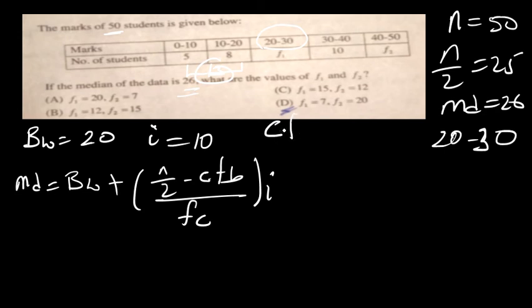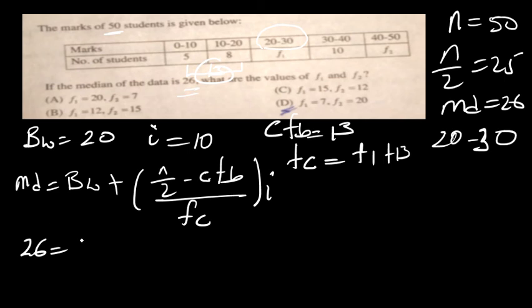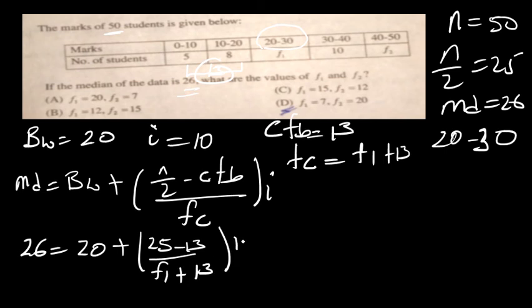So CFB, the before class cumulative frequency, is 13, and the frequency of the class is just F1. So the previous cumulative frequency 13 plus F1, together F1 plus 13. So 26 is equal to 20 plus, in brackets, n/2 which is 25 minus 13, the whole over F1 plus 13, times 10.